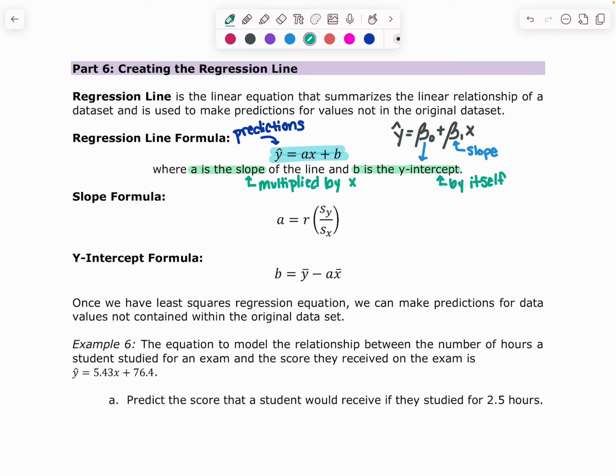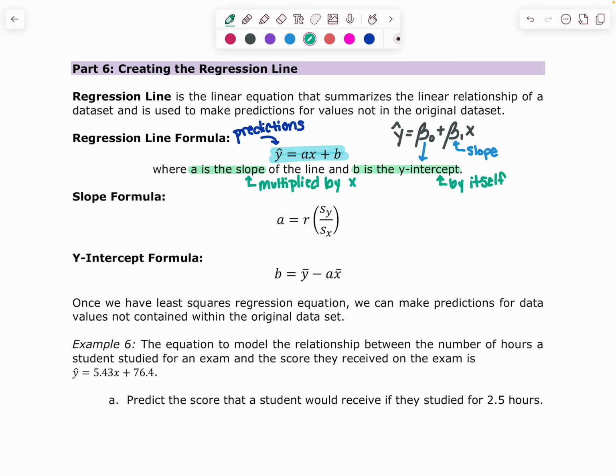So we do have formulas for how we calculate the slope and the y-intercept. And just like with the correlation coefficient, I have these formulas here, but we're going to use technology to actually find the slope and the y-intercept for everything that we do. But the formulas are there. They involve the correlation coefficient, the standard deviations, and the means.